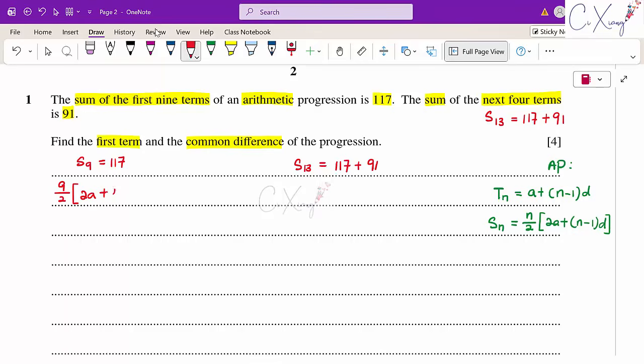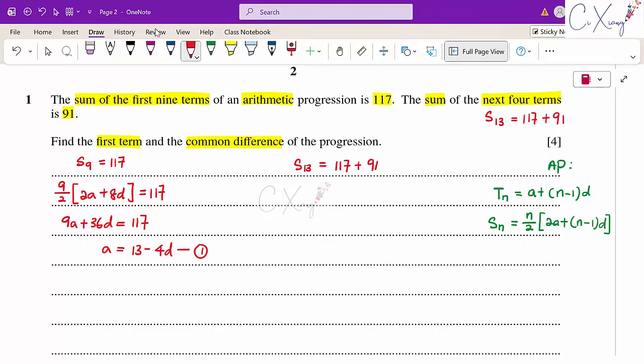So n minus 1 gives 8d. The common difference d I also don't know yet, so I keep it as d, which equals 117. I simplify everything and I'll have 9a plus 36d equals 117, and then I will simplify it to a plus 4d equals 13. And this is my first equation.